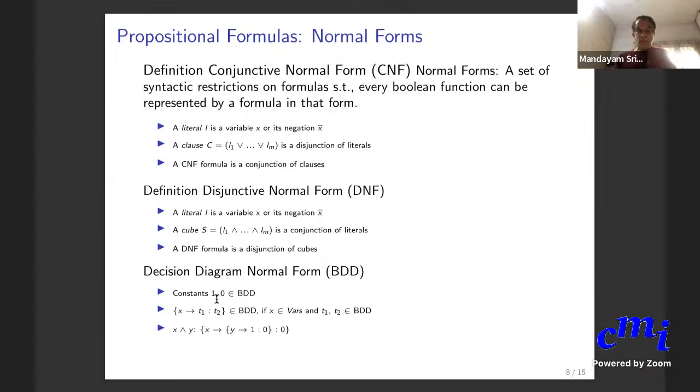So you have Boolean constants 1 and 0, which are BDDs, representing true and false. And if T1 and T2 are two BDDs, and X is a variable occurring in positive form, then X implies T1, else T2: if X is true, then T1 else T2.